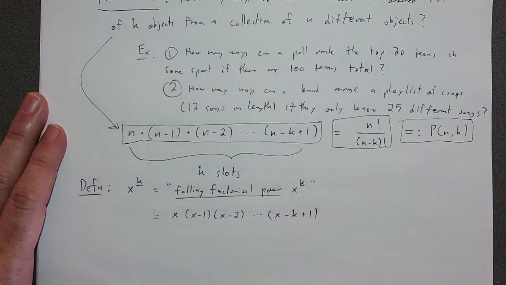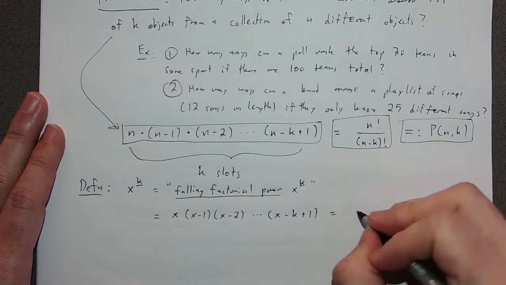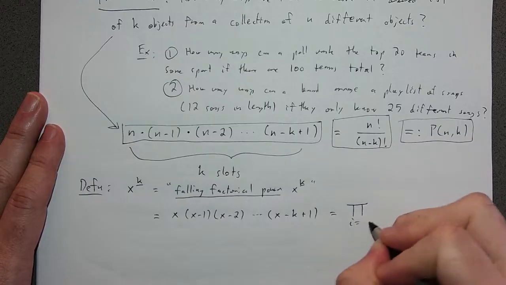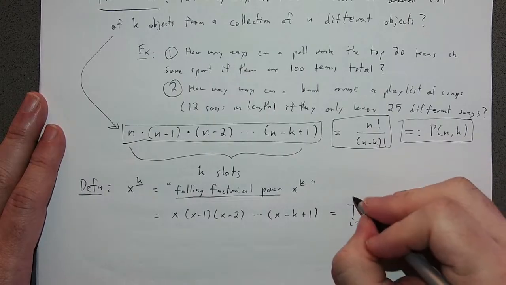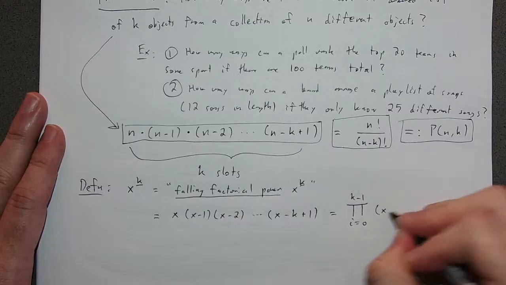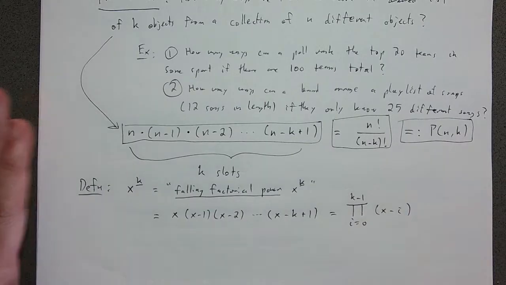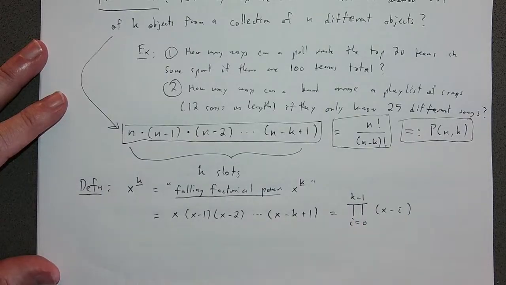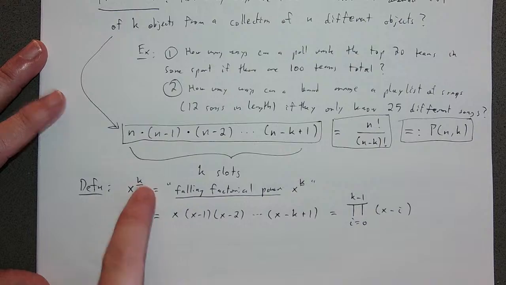You could rewrite this using product notation as the product from i equals 0 to k minus 1 of (x minus i). You can see that these two things are the same. And as I said, we read this x to the k falling.